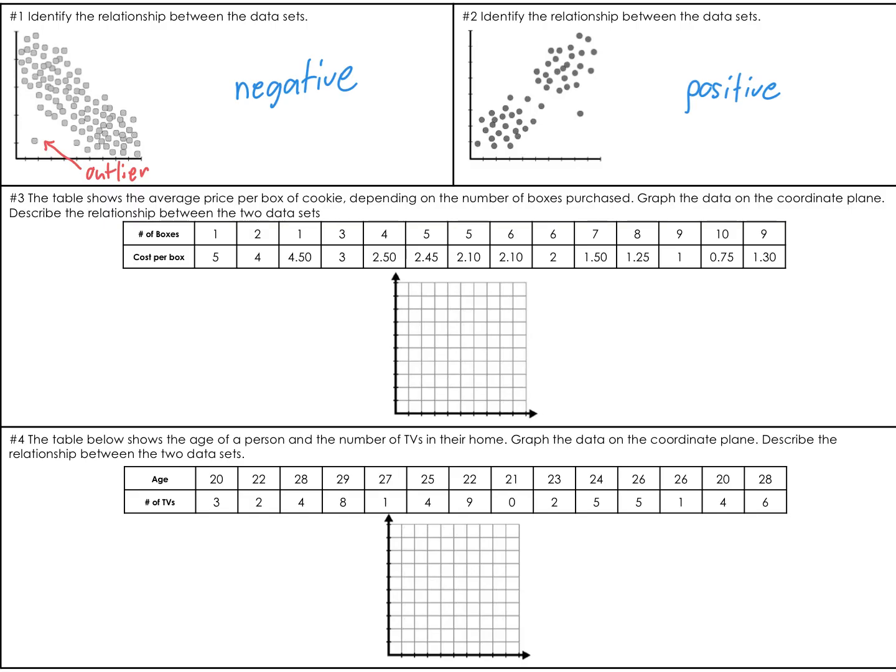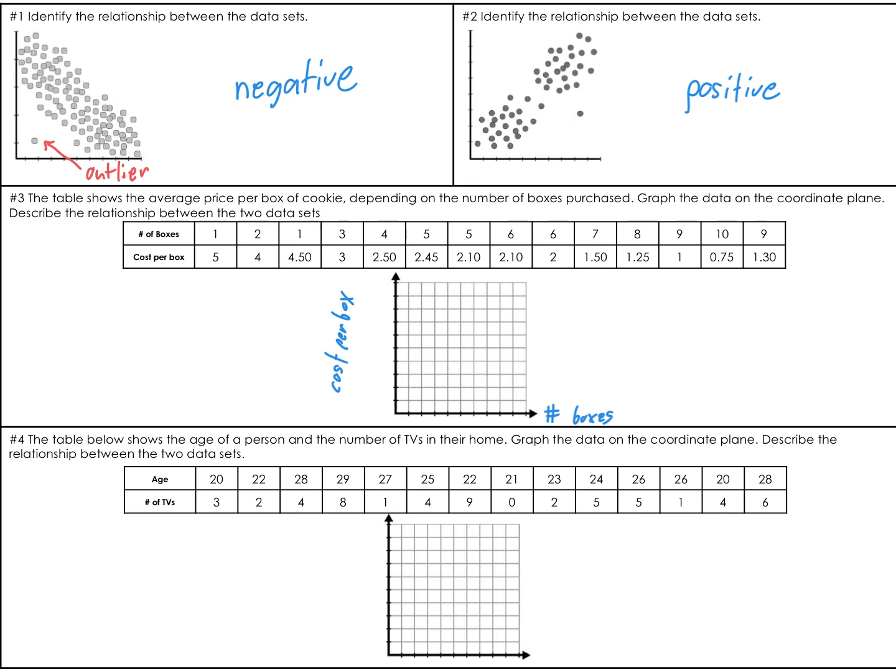For number 3, the table shows the average price per box of cookies, depending on the number of boxes purchased. We're going to graph the data on the coordinate plane and describe the relationship between the two data sets. So notice how we have number of boxes as our x and we have cost per box as our y. For the x, we want to make sure we can go all the way up to 10 boxes.